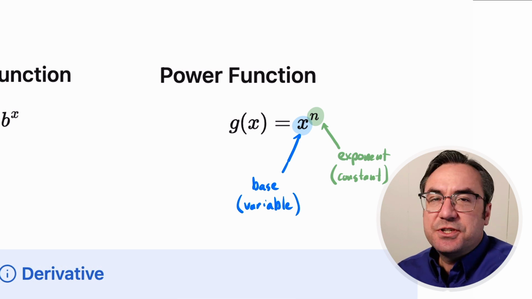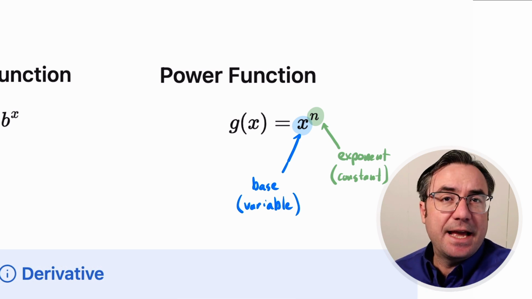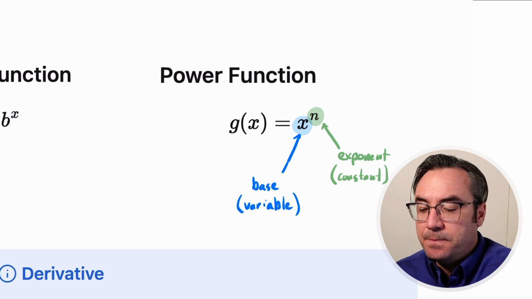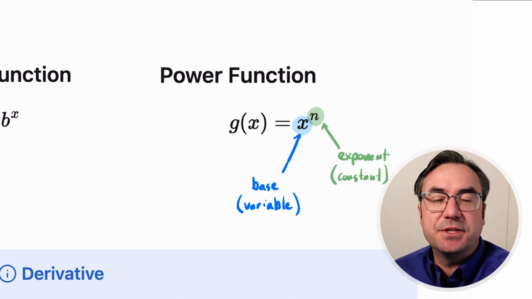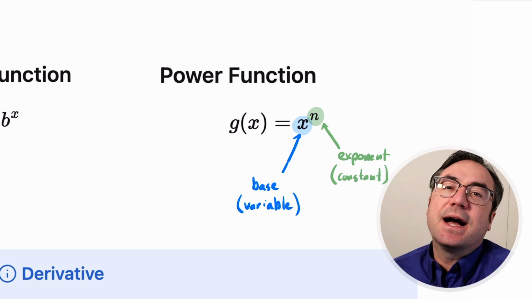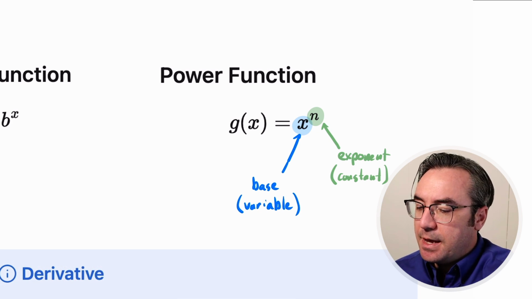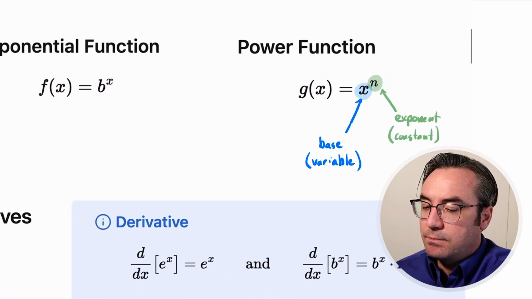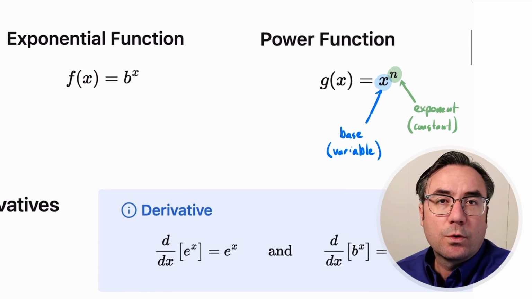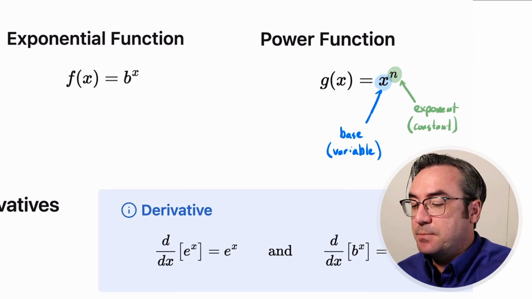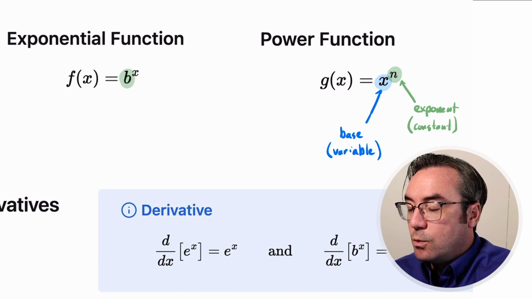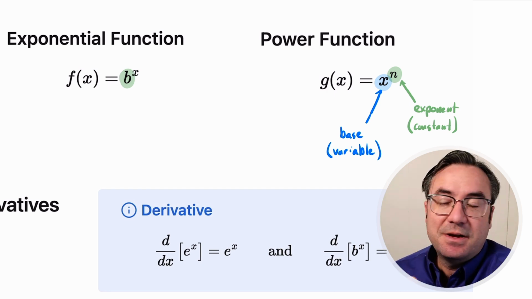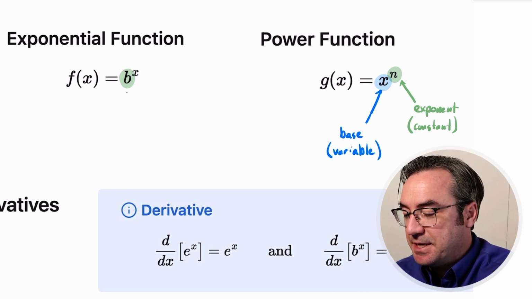So with this new type of function we're going to be looking at, exponential functions, we're going to kind of switch these around. We're going to move the variable up into the exponent, and we're going to have a constant as our base term. And that's what we're going to call an exponential function. So an exponential function, we'll call the base term b, and this is just some constant.